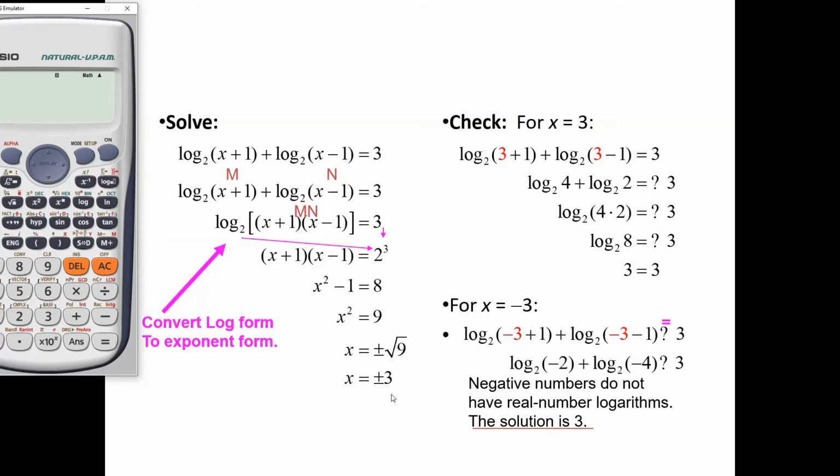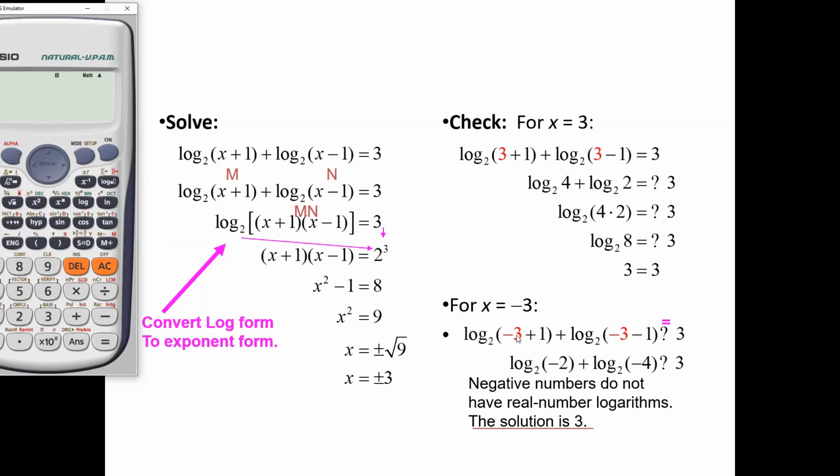Now, there's a kicker on this problem. There's something important on this problem. If we put positive 3 in this and check it, it comes out true. But if we put -3 in this problem, then it comes out untrue.